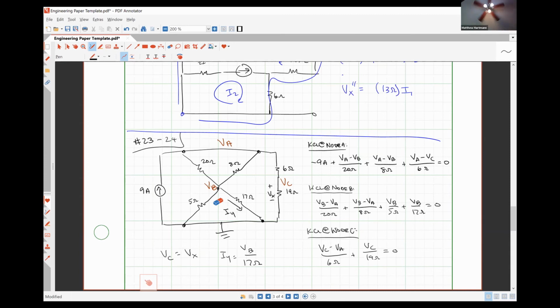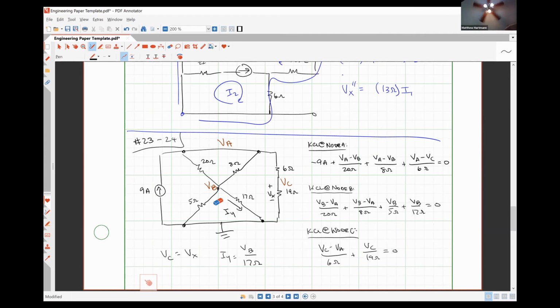It doesn't matter where I choose to put my reference. In this problem, everywhere was equally as easy. So if you review the nodal analysis lecture, that would be lecture 6, I believe. My first step is to choose a reference node, and I usually choose a reference node where the most things are connected.